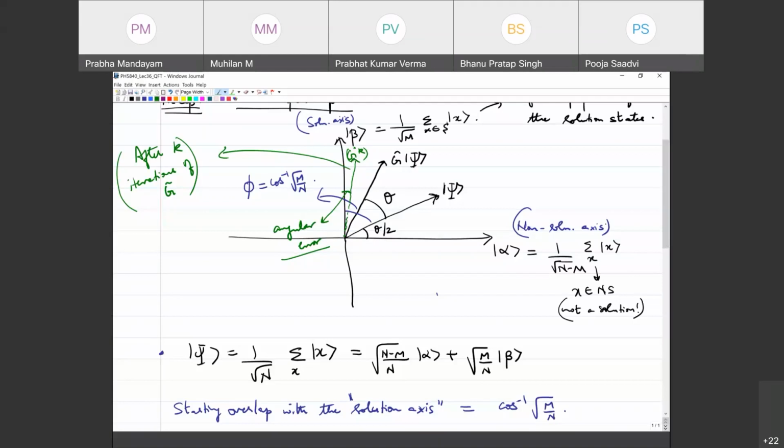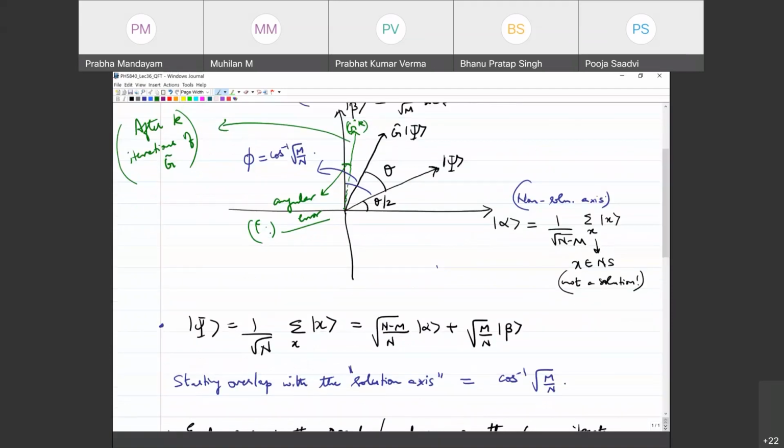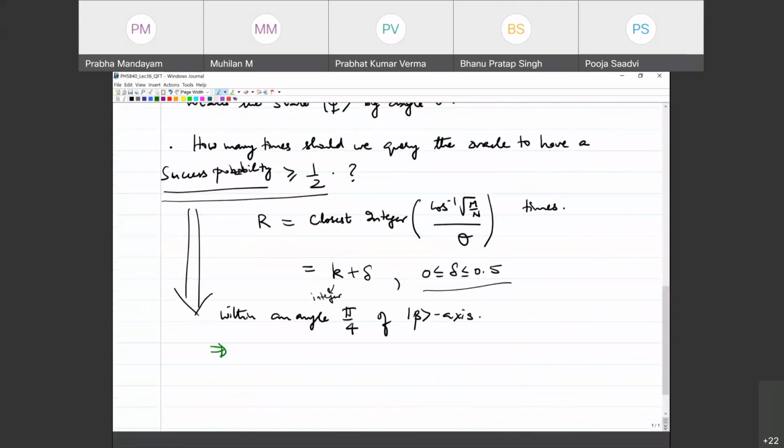That is the statement. So let me call this theta e, this angular error, or I can just call it epsilon. So if we rotate it these many times, the angular error is less than or equal to pi by 4.